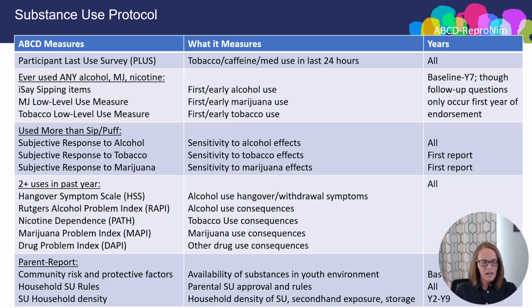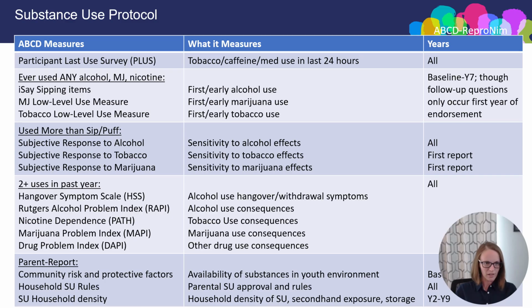Now, because ABCD started, again, when our participants were largely substance naive at ages 9 and 10, we start with very, very low substance use information, including asking about low-level exposure, such as sipping, single puffs of different substances. And so every single participant, when they go through their substance use protocol, first from baseline through year 2, is asked have they heard of a substance, because if they hadn't heard of a substance, we didn't want to teach them about it.